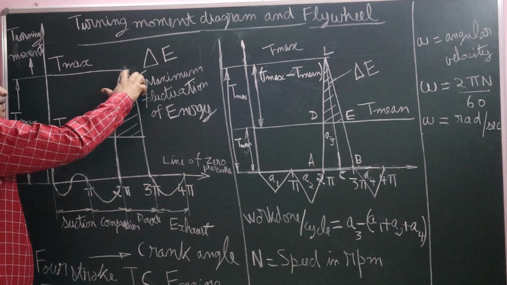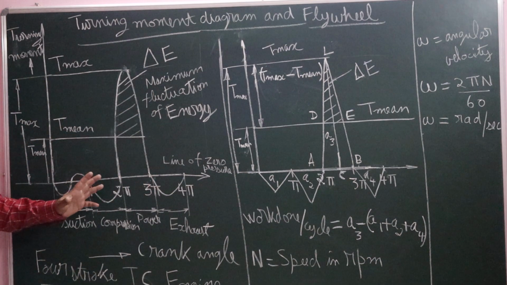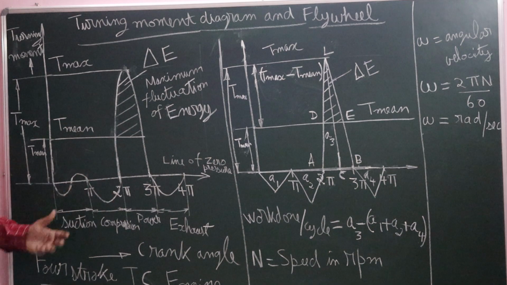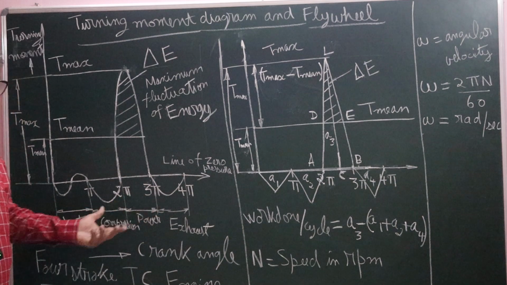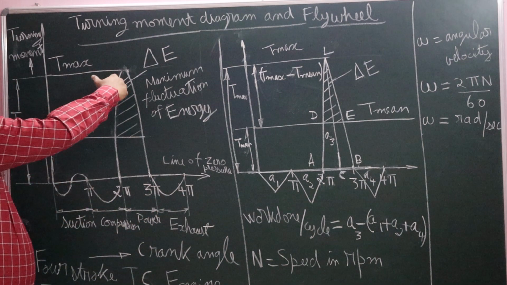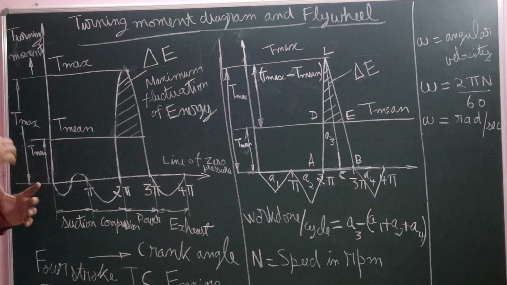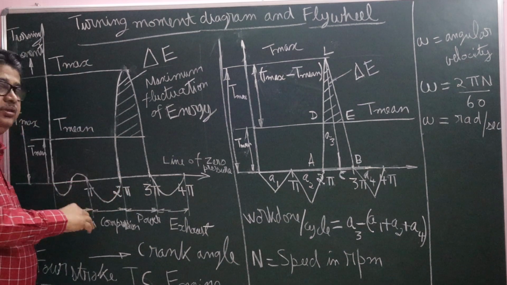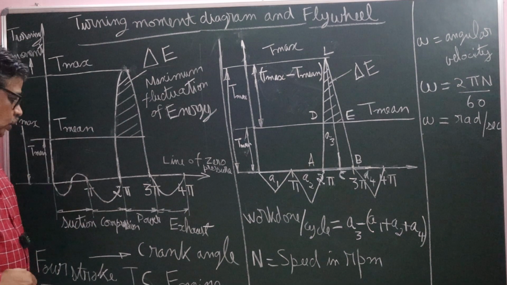It becomes maximum and then decreases. Because during power stroke, there is excess of energy, energy increases, torque increases, speed of the flywheel increases to the maximum. And during power stroke the piston is pushed down and the piston comes down to the bottom dead center at the end of the power stroke.